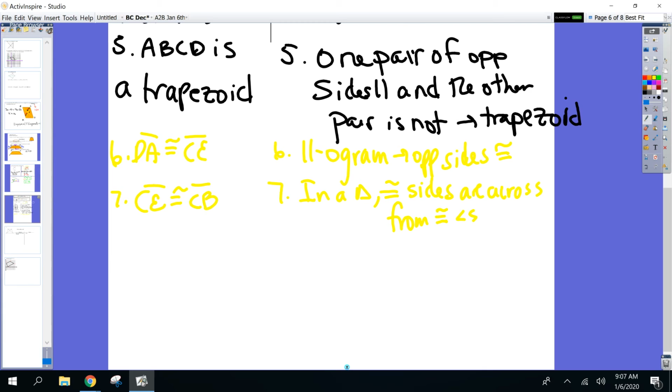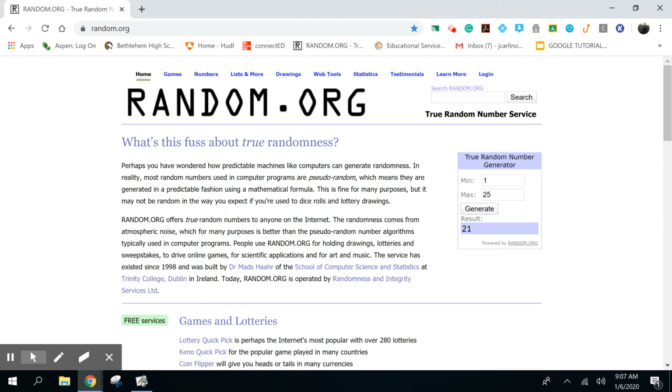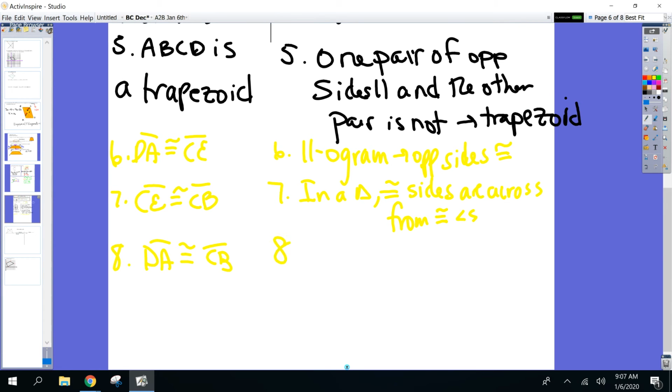And then we did a little thing called what on step 6 and 7 to say DA is congruent to CB? We did a little thing we like to call substitution.